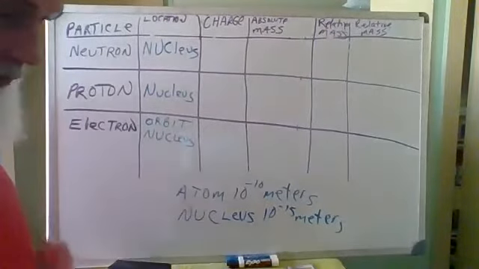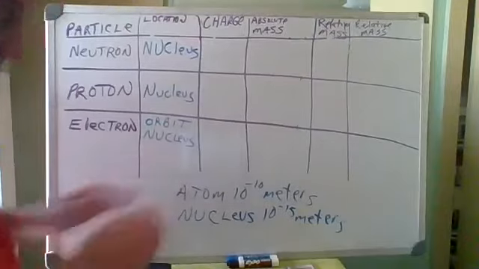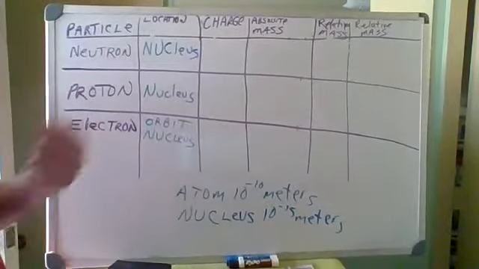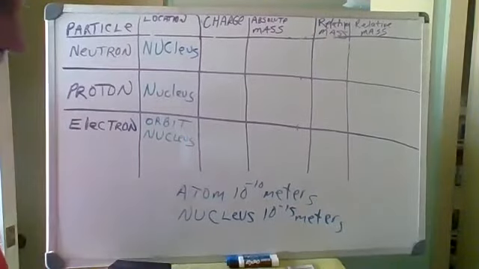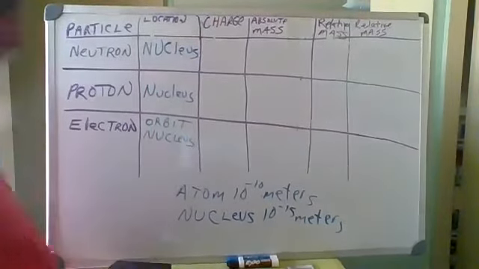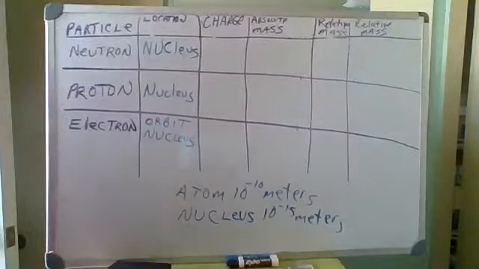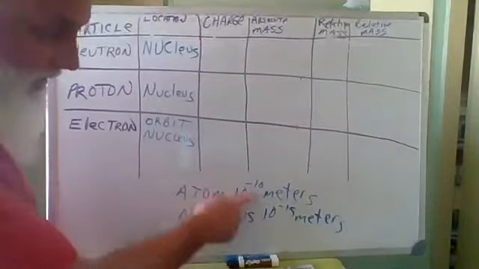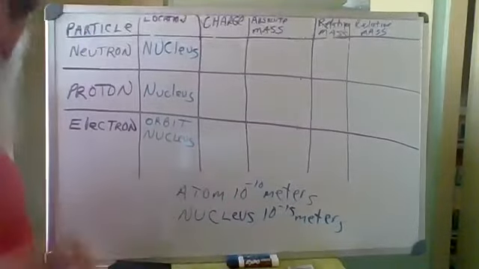It's more appropriate to compare the volume of an atom to the volume of a nucleus rather than their radii. The formula for the volume of a sphere is 4/3 pi r cubed. So these radii need to be cubed.